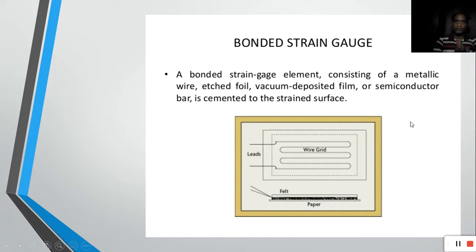Bonded strain gauge. A bonded strain gauge element consisting of a metallic wire, etched foil, vacuum deposited film or semiconductor bar is cemented to the straight surface.